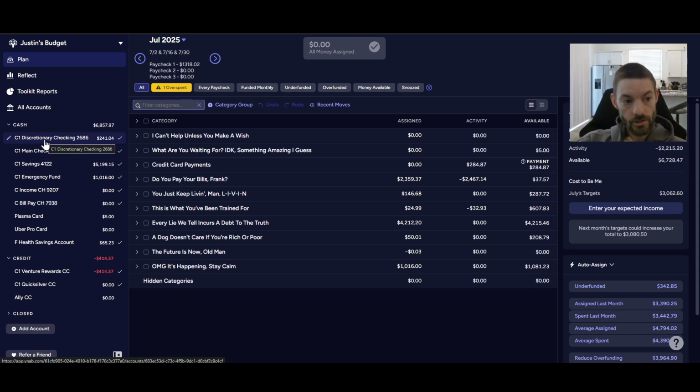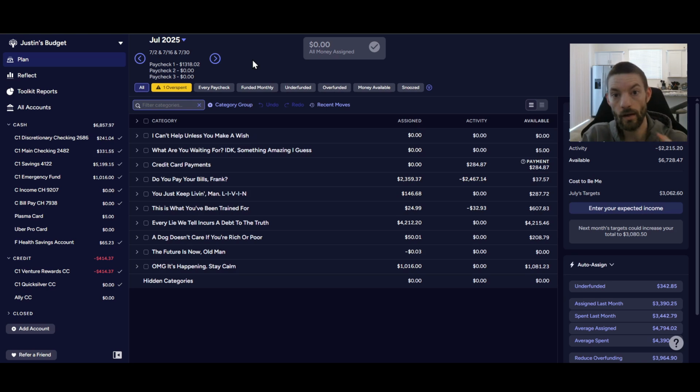My discretionary, I didn't want to lump into my checking or savings account because for now, I want to keep that as a separate account. That way I know exactly how much money I have allotted to do whatever I want with, right? I recognize that I can just pull up my YNAB app and say, well, I have $241 in that group.